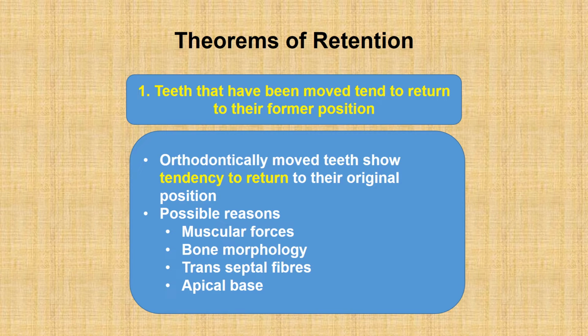It's shown that orthodontically moved teeth show a tendency to return to their original position, and this tendency is larger if the amount of movement is larger. The possible reasons for this tendency to relapse could be muscular forces, bone morphology, the transseptal fibers, and the positioning of teeth in relation to the apical base.